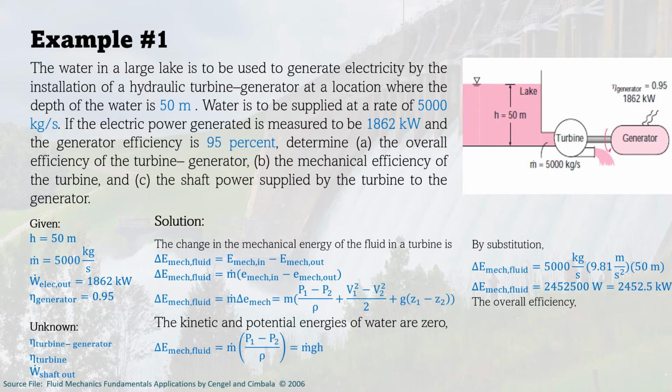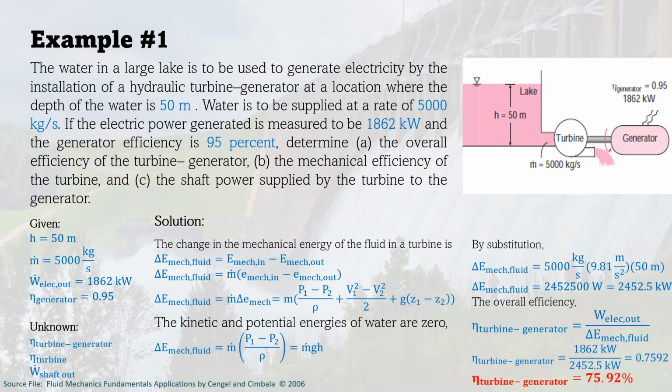So the overall efficiency can now be computed using the formula, the electrical power output divided by the change of mechanical energy of the fluid. By substitution, the turbine generator efficiency is 75.92%. So the amount of energy that can actually be generated from the water by extracting energy from the lake is 75.92%.